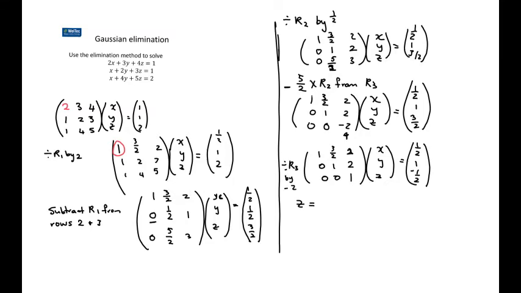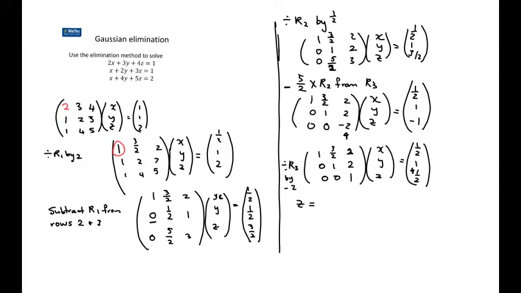Okay, you can see how easy it is to make a mistake and lose track of it. That step where I've got -5/2 times R2 from R3, that bottom one should have been -1, like that. And now I'm going to divide that by -2, and I'm going to get positive 1/2 there.